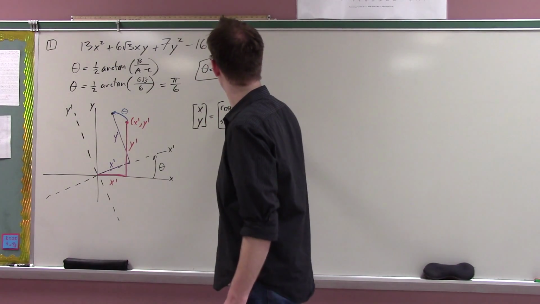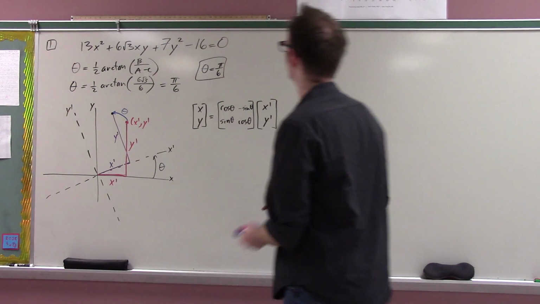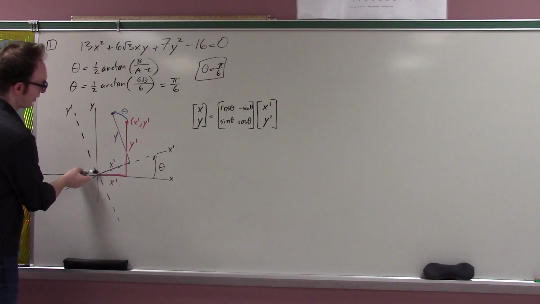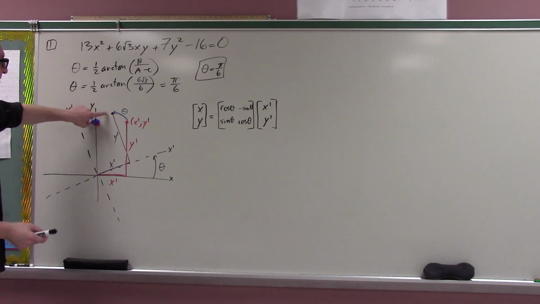Cosine theta sine theta, negative sine theta, cosine theta. Say it one more time. I go over x prime and up y prime, and I rotate theta degrees, and that brings me to this point, and it gives me the x comma y coordinates of that point.